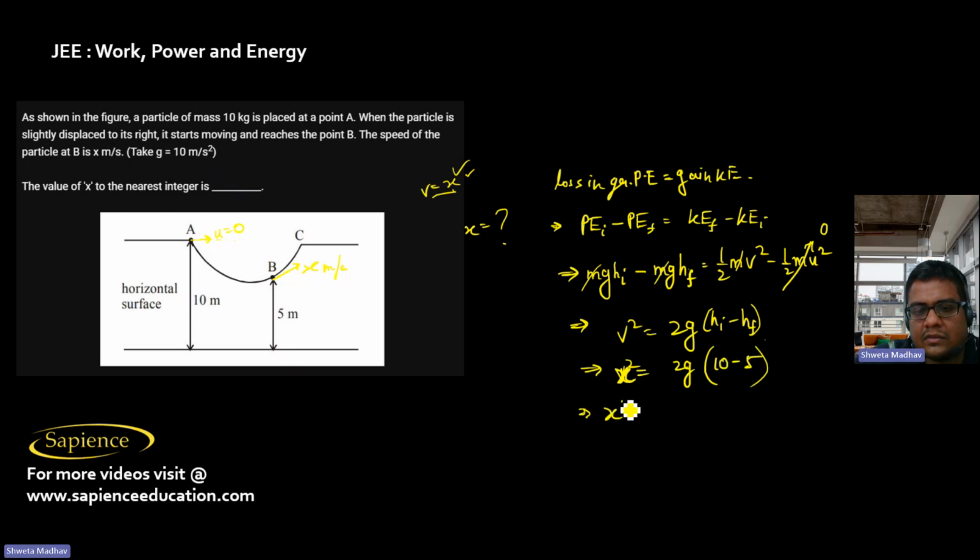Therefore x square is equal to 2 into g, which is 10, into 5. So x will be equal to 10. So 10 meter per second is the speed at the point B. So 10 is the answer.